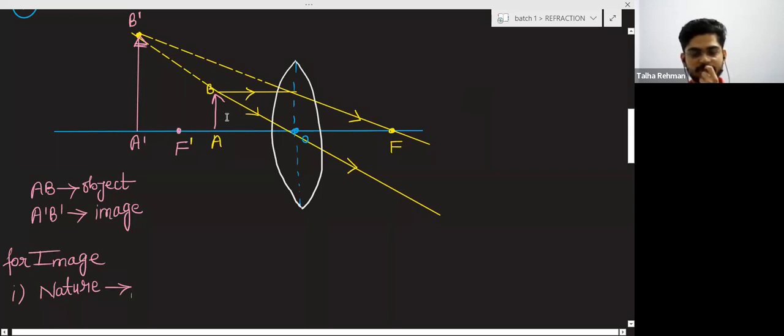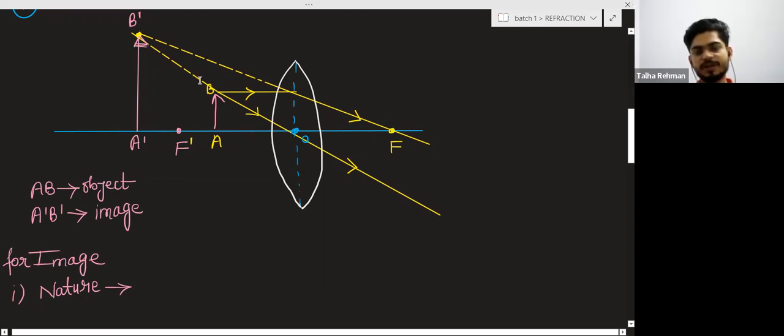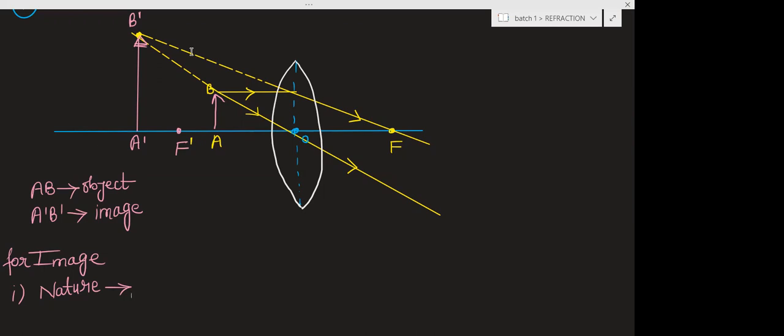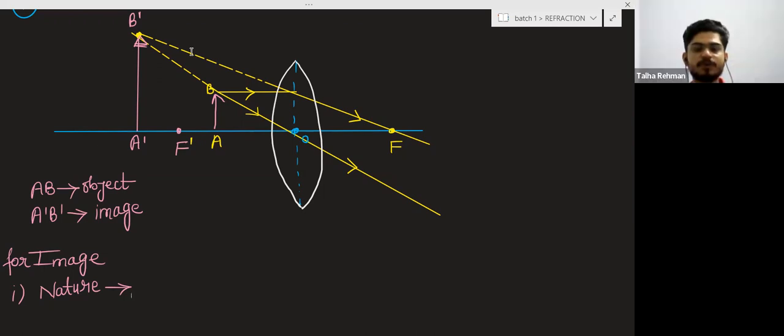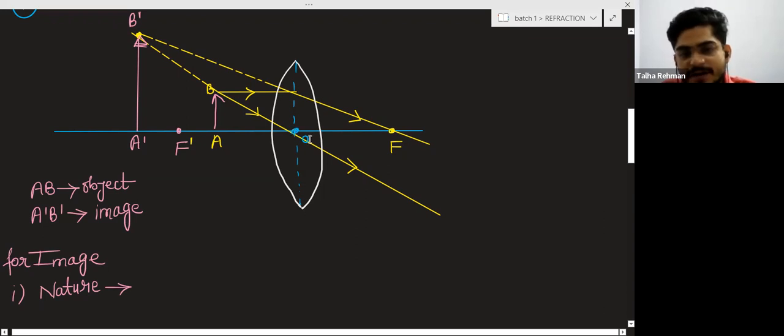Sarah? Yes, sir. Is the image AB virtual or real? Because these rays are not actually meeting; they are just appearing to meet. It is a real image? No. Why? How can you say this is real? This is a virtual image because these rays after refraction are not meeting actually at a point.